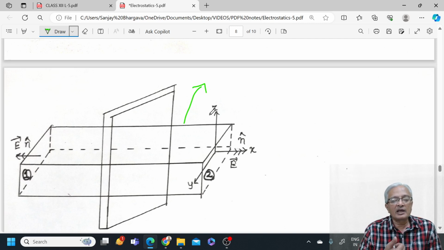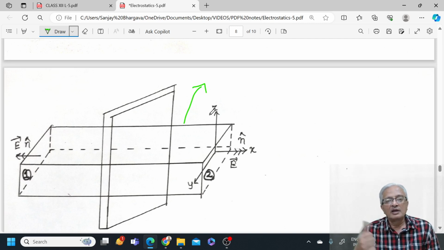Why? Because the direction of electric field is horizontal, direction of the normals would be vertical, and in that case theta would come out to be 90, and that is why we say that no electric field would be passing through the YZ plane. Then I may have something called the XZ plane also.